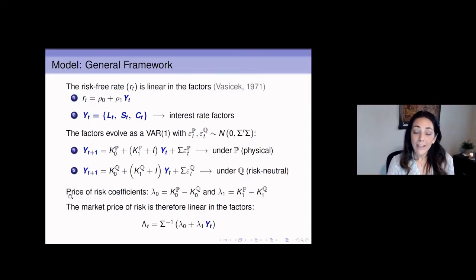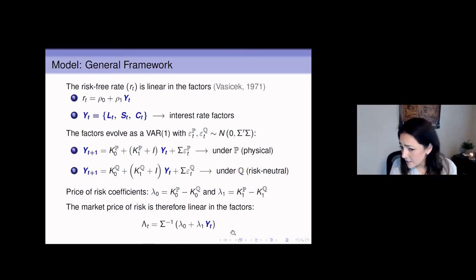Now, what we get from modeling the way that factors move under two distributions is what's called the price of risk coefficients. We call the difference between the K0s lambda zero, and the difference between the K1s lambda 1. And that gives us this equation right here, which is called the market price of risk. This is basically capturing that risk that investors are observing as the factors are moving over time.